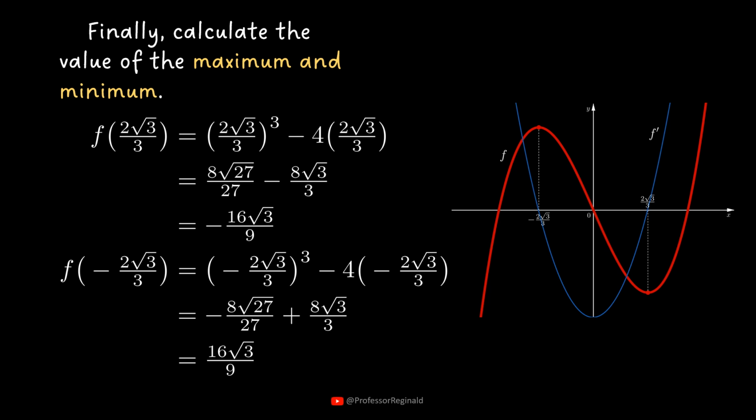The maximum and minimum values of f in the closed interval negative 2, 2 are 16 square root of 3 all over 9 and negative 16 square root of 3 all over 9, respectively.